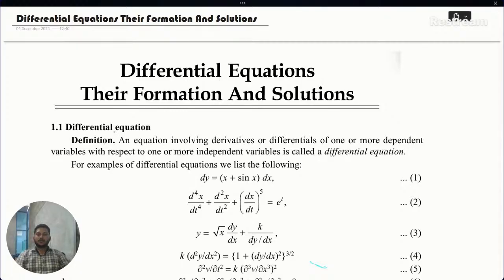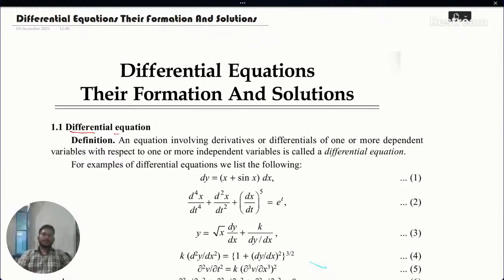So what is the definition of a differential equation? Students, the definition says that you have some derivative or differential of one or more dependent variables with respect to one or more independent variables. These are the two key points that come from this definition: an independent variable and a dependent variable.